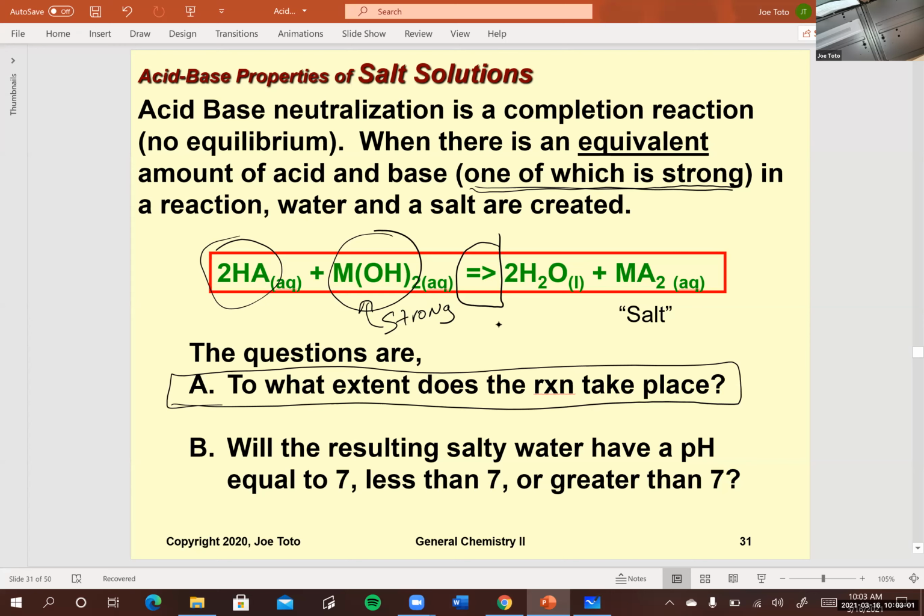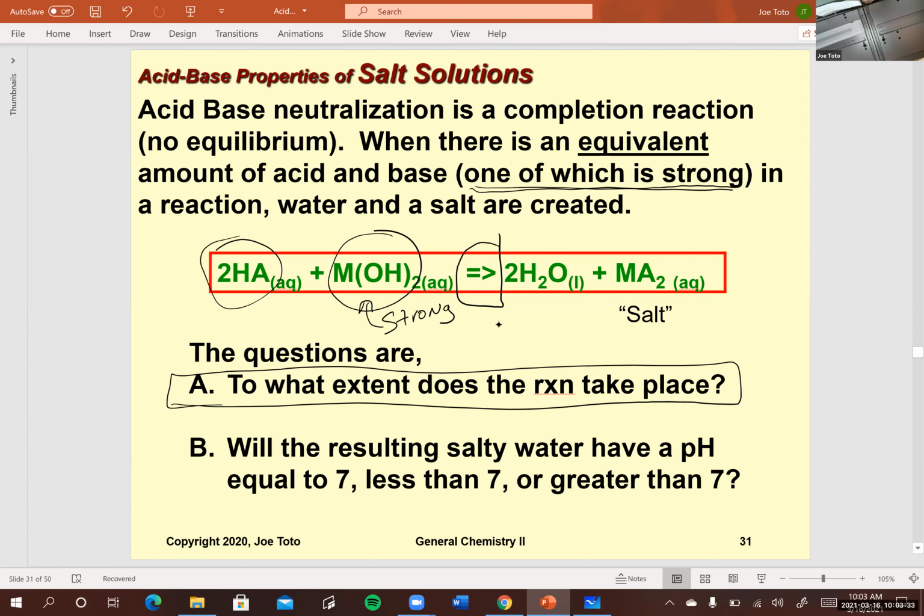When you have an acid and a base, one of them strong, there's a complete neutralization until you run out of one. But if there's a stoichiometric amount, then you run out of both. And what you end up with is salty water. Any questions on that, A? I'm going to prove this hopefully in the next slide.